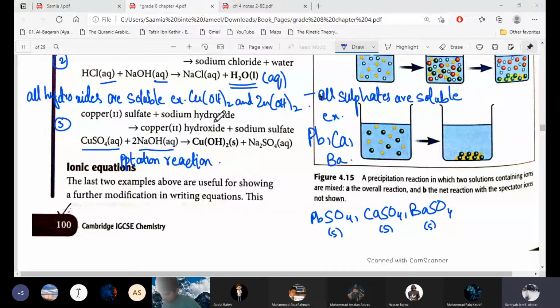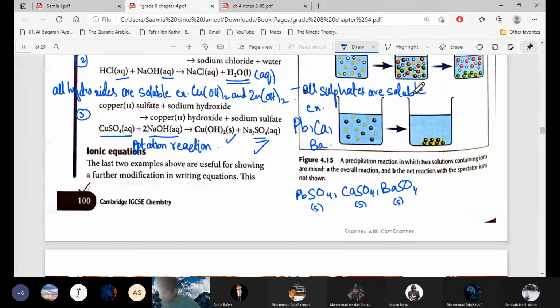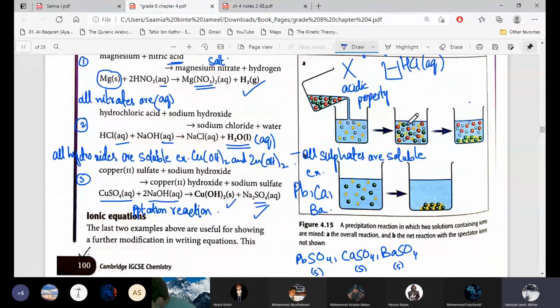Copper hydroxide is one of the insoluble hydroxides. So all hydroxides are soluble except copper hydroxide and zinc hydroxide. So zinc hydroxide is insoluble, solid, and sodium sulfate, again, it's a sulfate, so it's soluble. So these are just examples of state symbols. And please note down these points, which things are soluble and which things are not soluble.